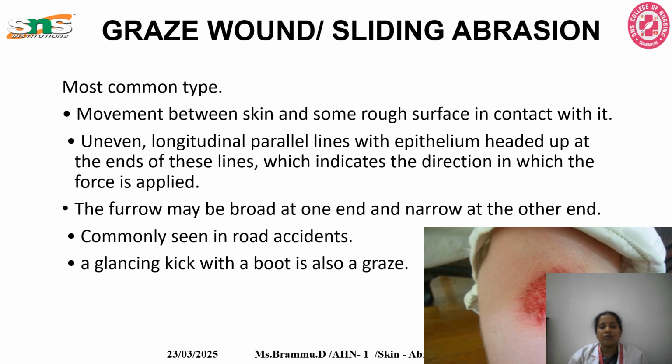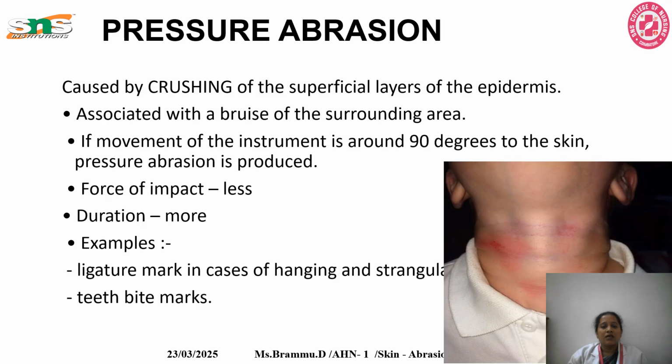This is the most common type, and you can see that the patient is going to have a deep bruising surrounding the area, and here you can see the pressure abrasion, which is due to crush injury into the superficial layer. This is mainly caused when the skin at 90° has abrasion due to pressure.